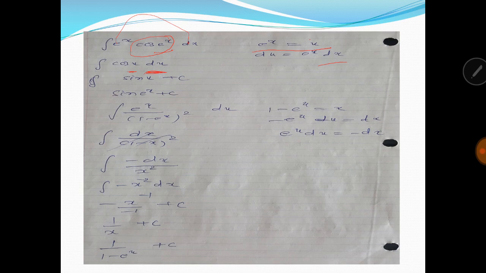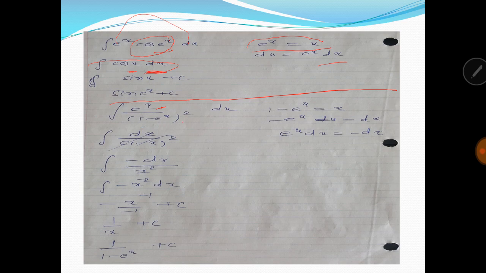So now you have just integration of cos u du. So that is sin u plus c. Replace u by e power x again. So you have sin e power x plus c. That's your final answer.